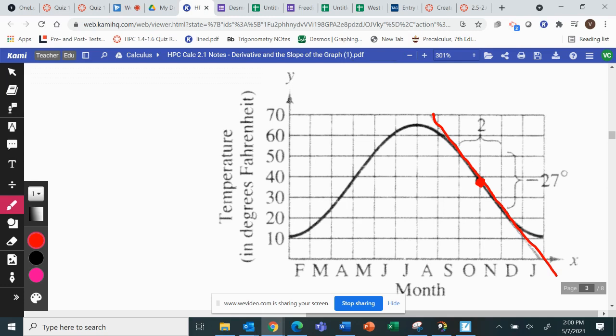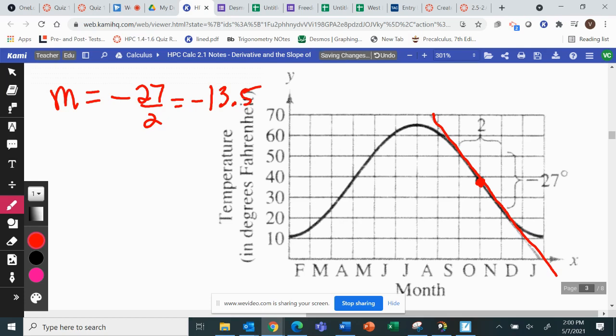Madeline. So negative 27 over 2 is totally fine. That's exactly a slope. In order to talk about it in real life situations, we're probably going to change that into either a mixed number or a decimal, which is negative 13.5.